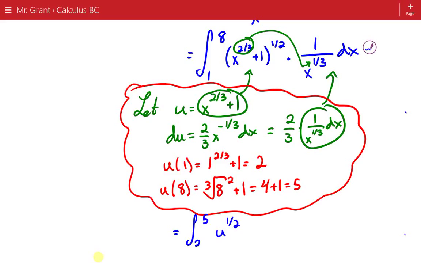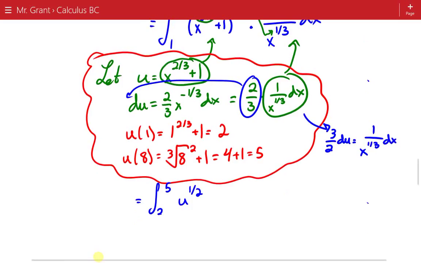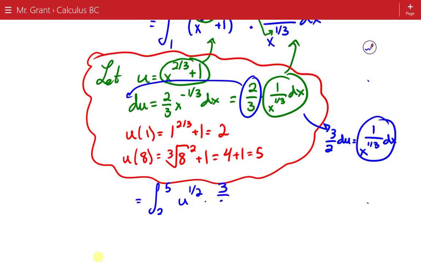And then notice that I forgot to move my 2/3 over, so let's maybe throw that over here, where really this should be 3/2 du is equal to 1 over x to the 1/3 dx. So notice it didn't match exactly, so we had to take the reciprocal of that to get it over in front. So we have this piece being replaced by 3/2 du.